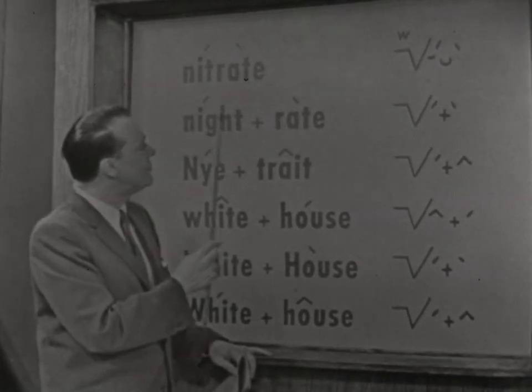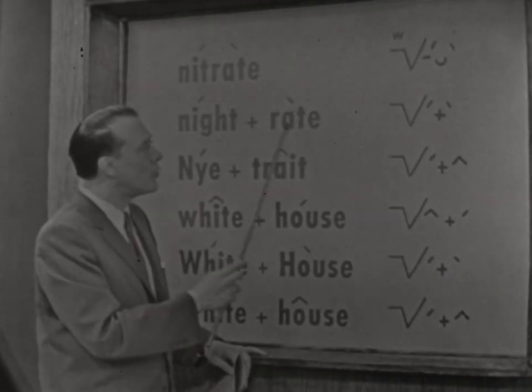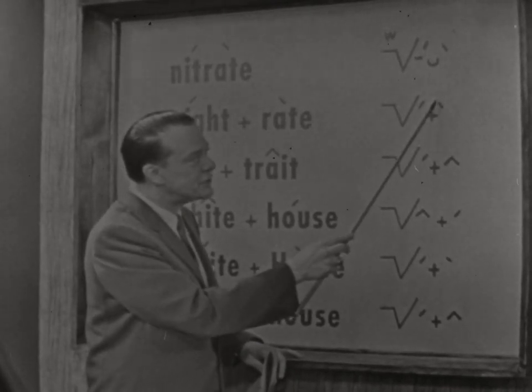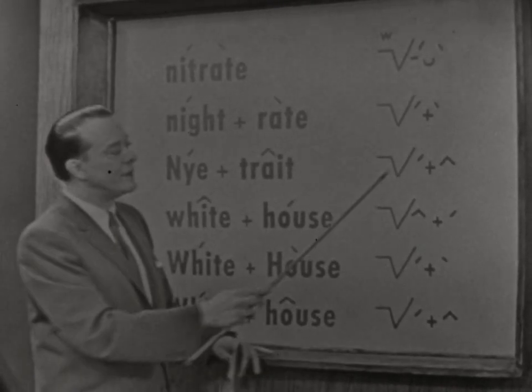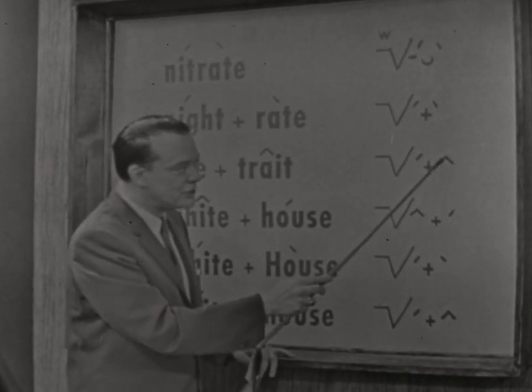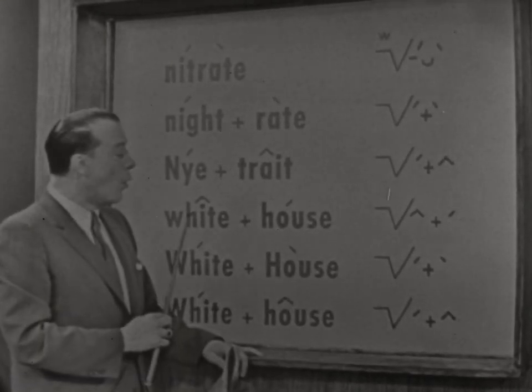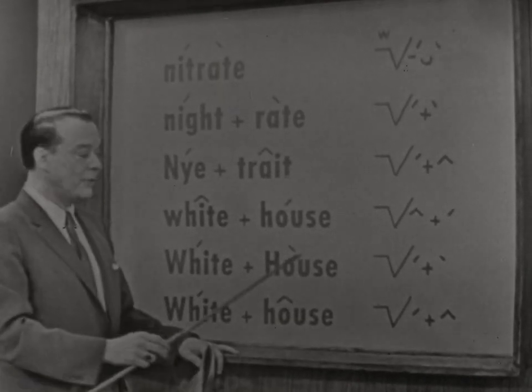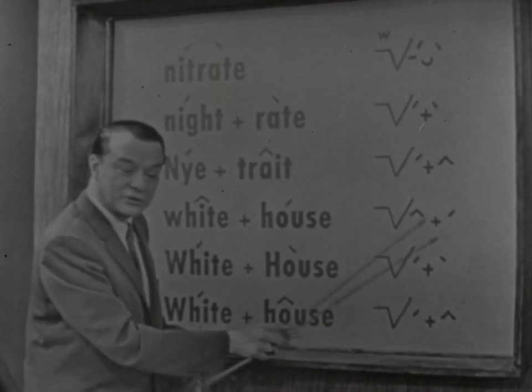So the picture then of the phrase suffix that puts the word night and the word rate together in a phrase is this one. Picture primary stress plus juncture tertiary stress. For nitrate, primary stress plus juncture secondary stress. For White House, secondary stress plus juncture primary stress. For White House, primary stress plus juncture tertiary stress.